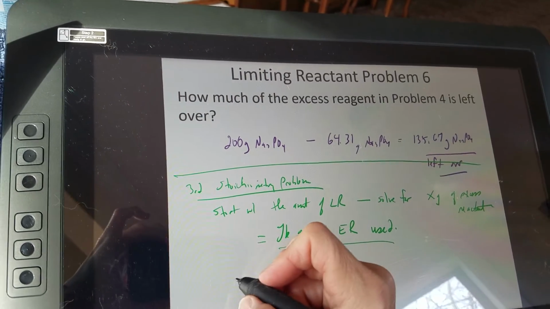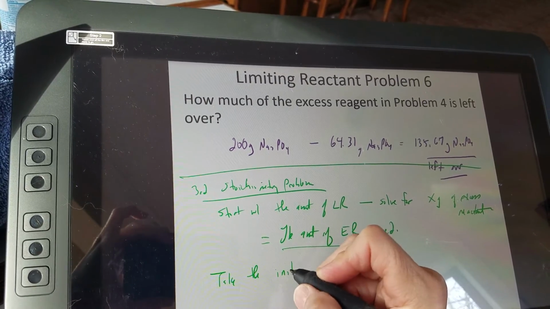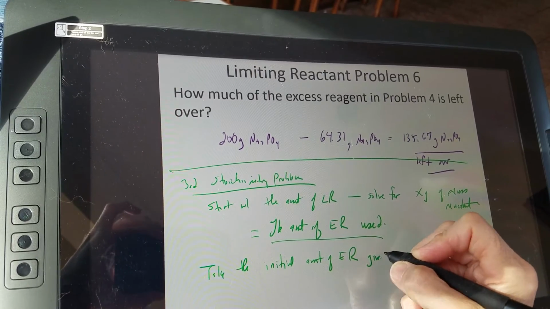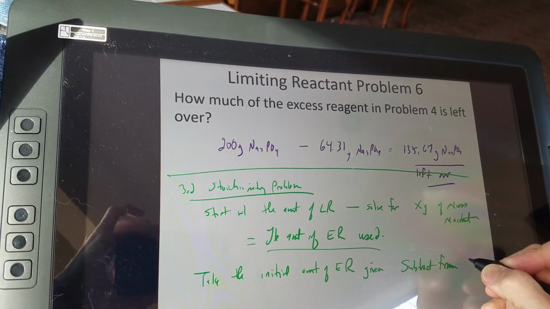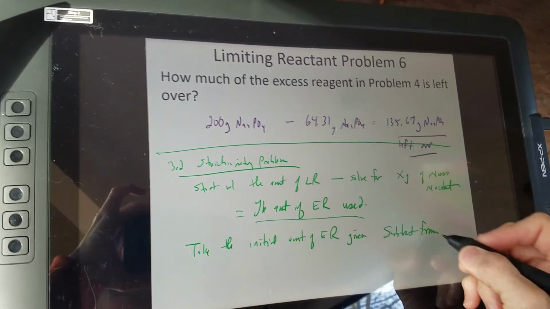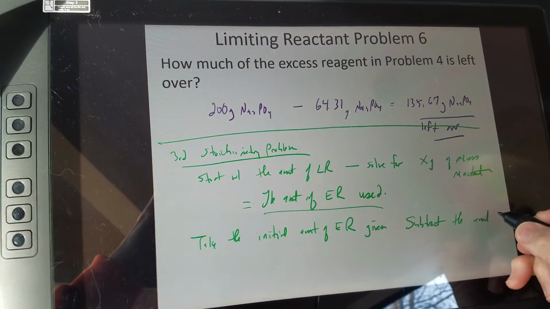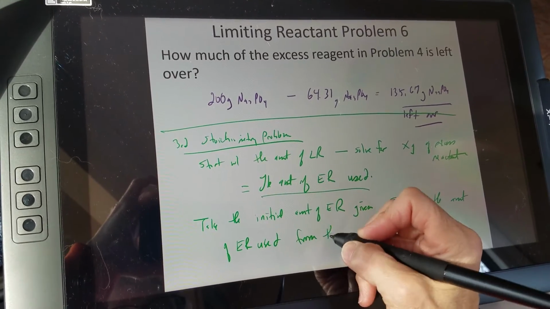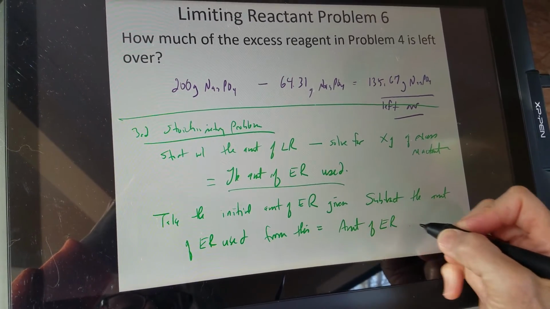And then finally, you'll take the initial amount of your excess reactant given in the problem, and subtract the amount used from that, and that's going to be the amount of the excess reactant left over.